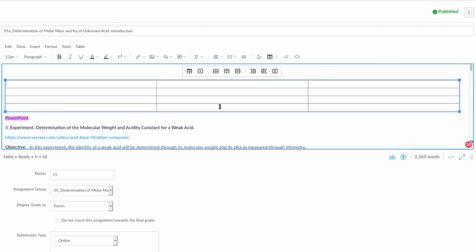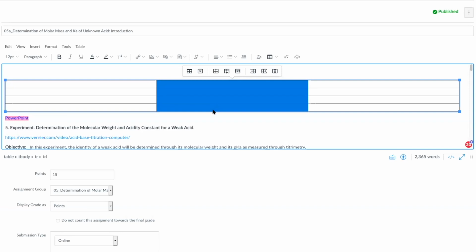Because then when you actually publish it, Canvas is not very good at making the format. And so if you write something in, you could also center it, or justify it on the right or the left.